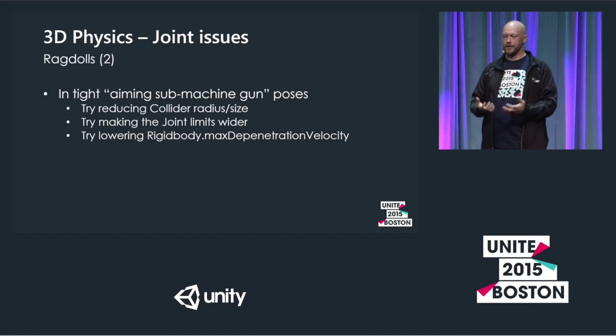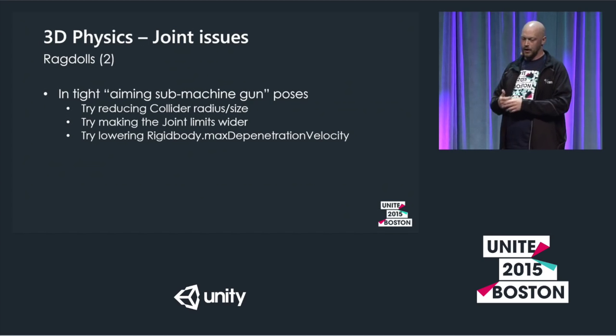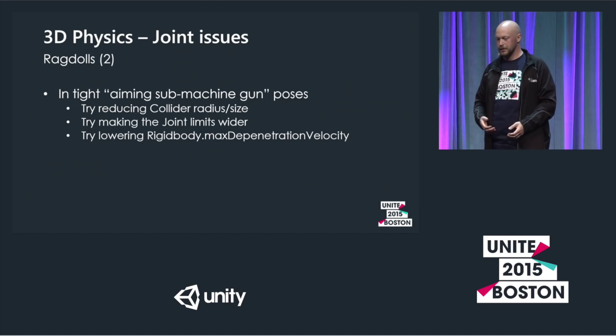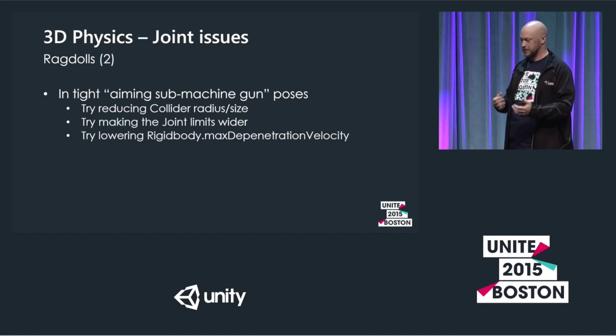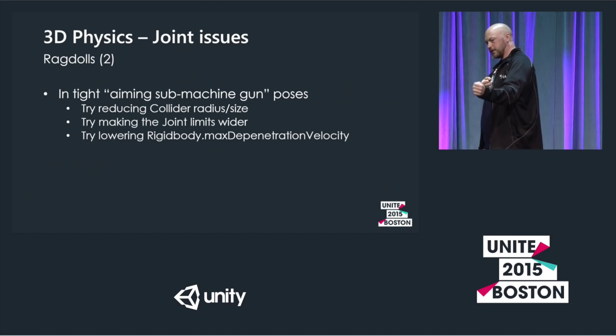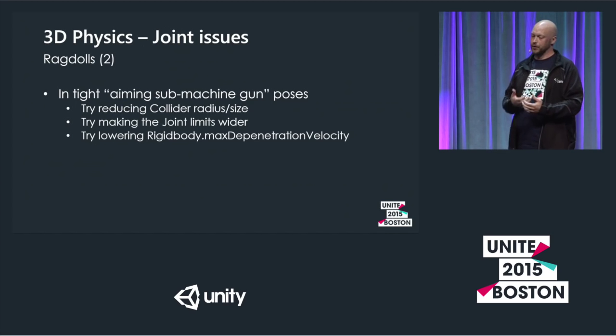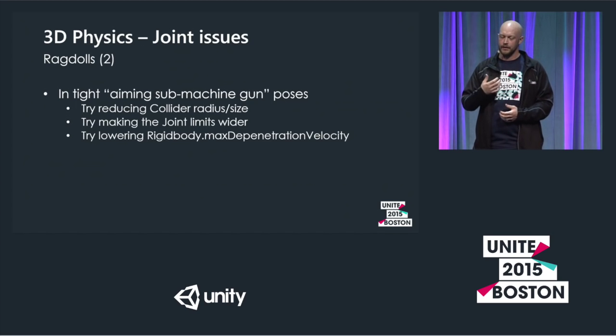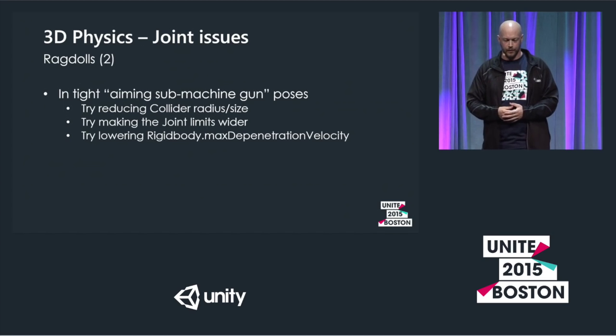You can do a few things to tone this stuff down. The first thing is slimming down your colliders. Preferably you test it out: take your guy, put him in your extreme animation poses, and see if the colliders are overlapping. Then you can trigger them a bit and see if this is something you want, is this okay, can we raycast against the colliders on a good average basis, whatever.